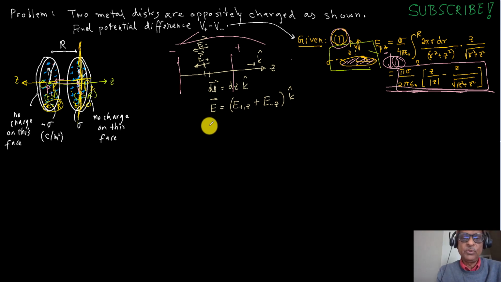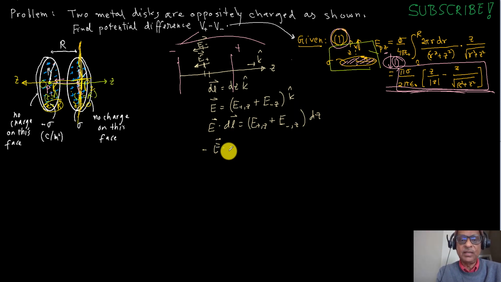Okay, so E dot dl will be E plus z component plus E minus z component times dz, and we want a minus integral of E dot dl from the negative plate to the positive plate. This will give me V plus minus V minus.